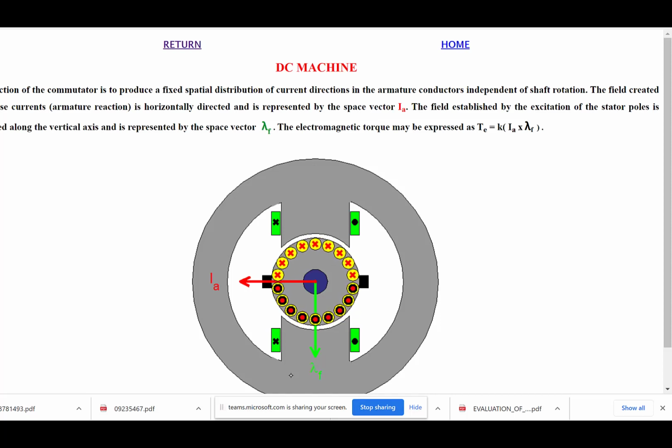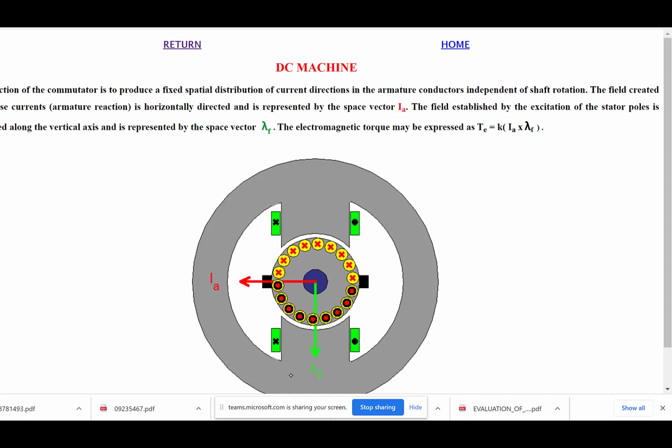And the flux produced by the field is in the direction of the green, and there is going to be a flux produced by the armature in the direction of the red. But it doesn't line up with the green because of the 90. And so it has a minimal impact on what happens inside of the gap. And that would be the flux density.